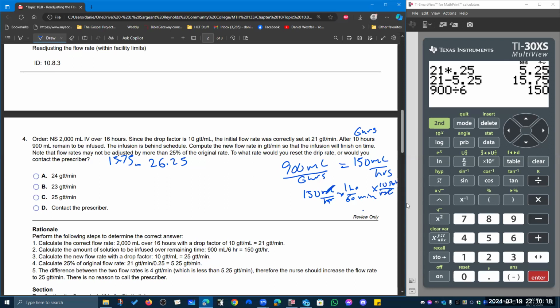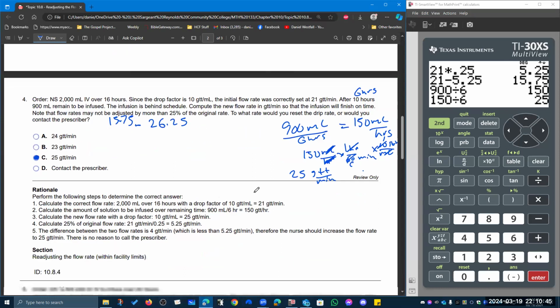Milliliters go away, hours go away. 10 goes into 60 6 times. 150 divided by 6 is 25 drops per minute, which is within my safe range to make the adjustment myself without contacting the prescriber.